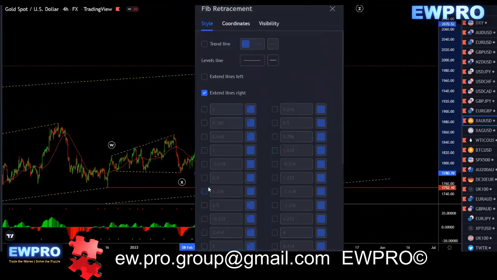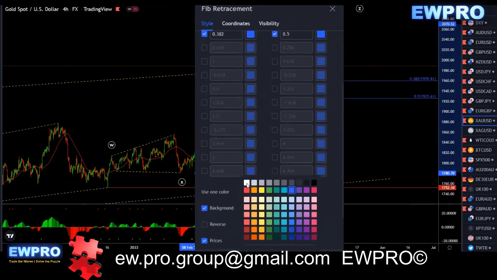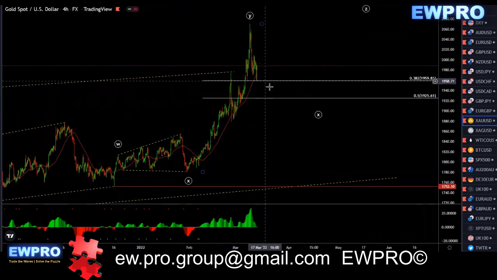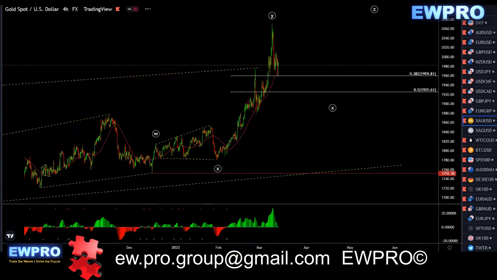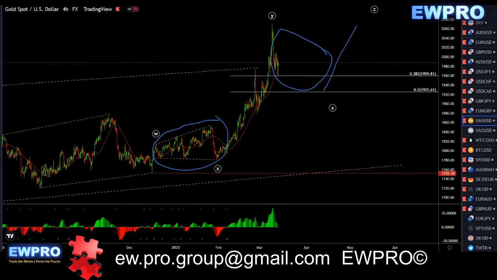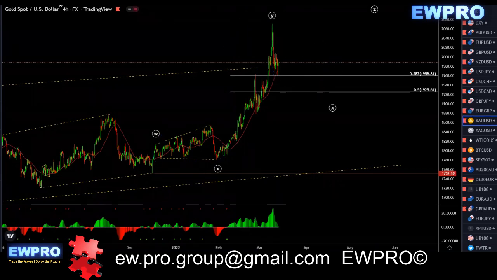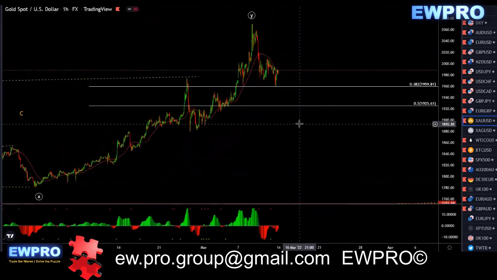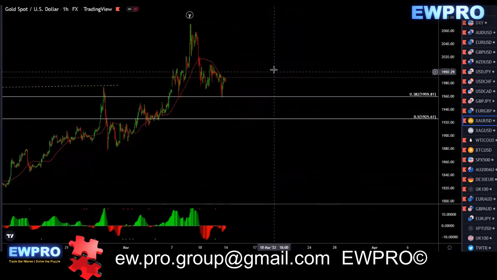So we're looking for a retracement back to the 38.2. It's already back to the 38.2, but we're looking for a correction a similar size to this over here before we get that Z up. So at this stage, unless you're scalping on the lower time frames, I'd be staying out until the time factor completes.